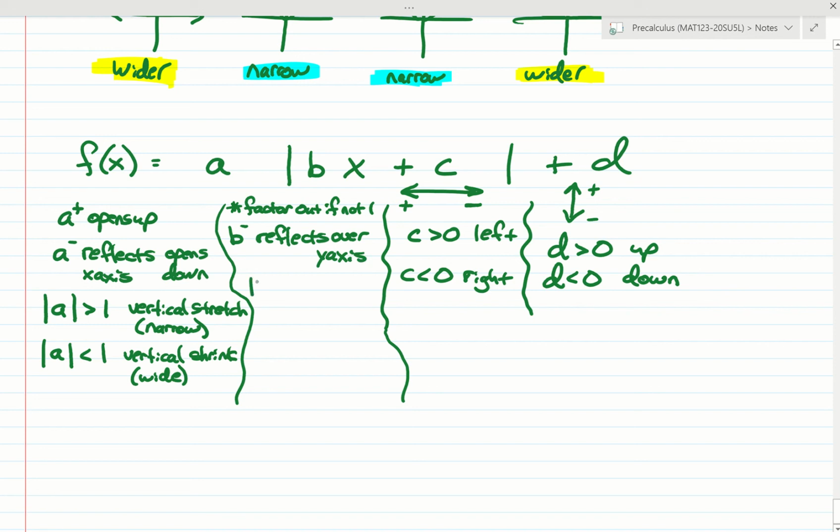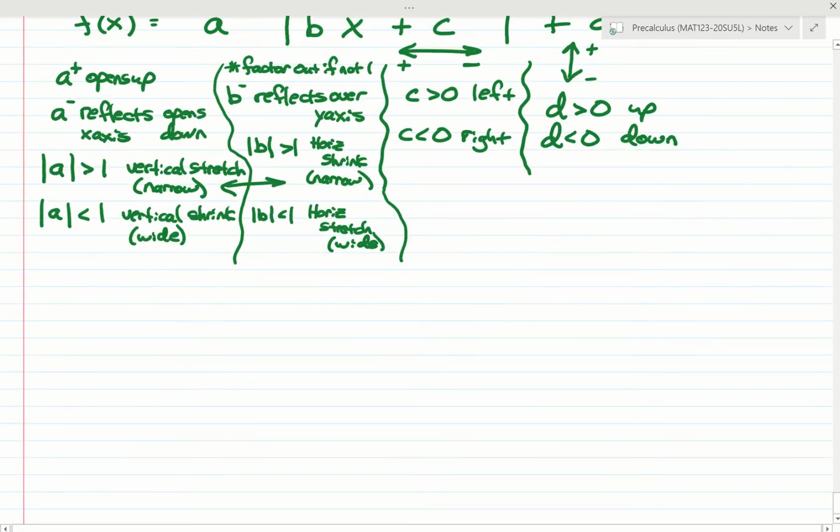If you ignore the sign of B, if B is greater than 1, that's called a horizontal shrink, which also makes the graph narrow. So you can see that these have similar effects, even though one's vertical, one's horizontal. And if the absolute value of B is less than 1, that's a horizontal stretch, which makes the graph wider.